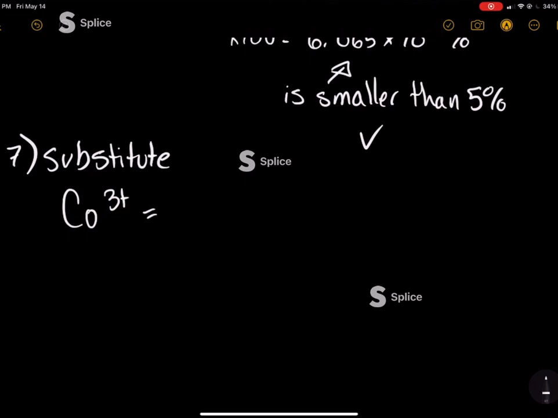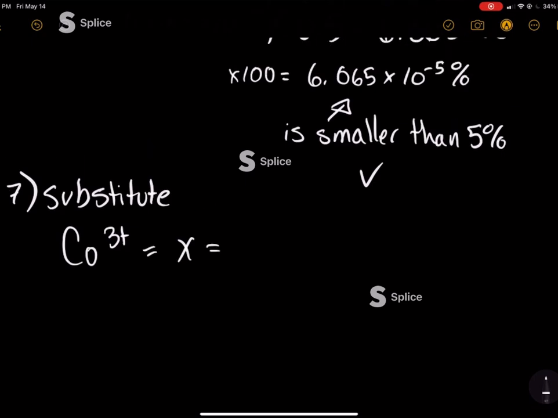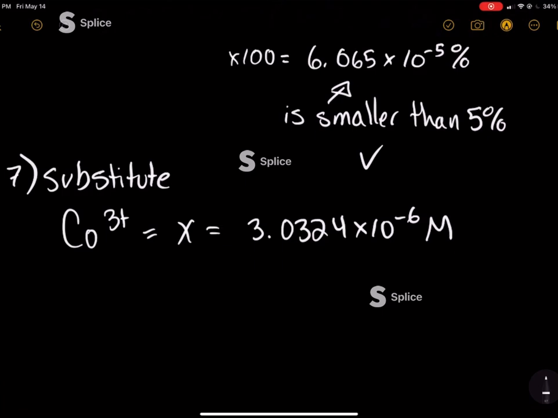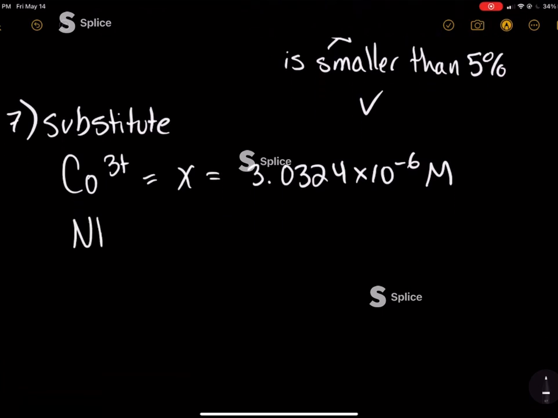That had no coefficient, so that is just x, which gives us the value 3.0324 times 10 to the negative 6 molar. And then NH3, that was 6x. So you multiply 6 by this number, and we get 1.8194 times 10 to the negative 5th molar.